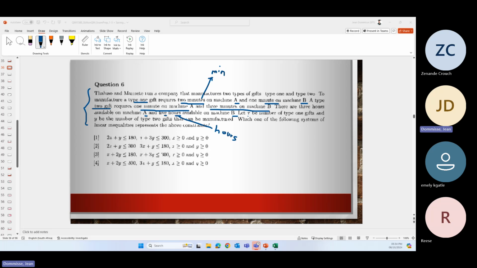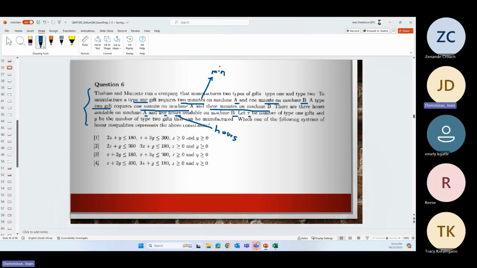Let X be the number of type 1, so X is type 1, and Y is type 2.